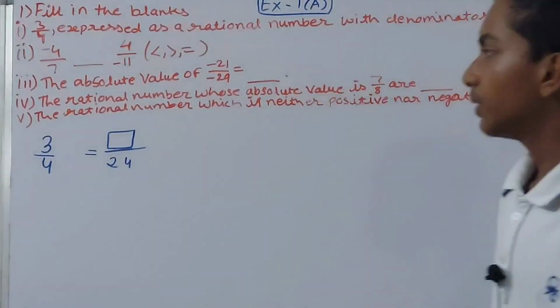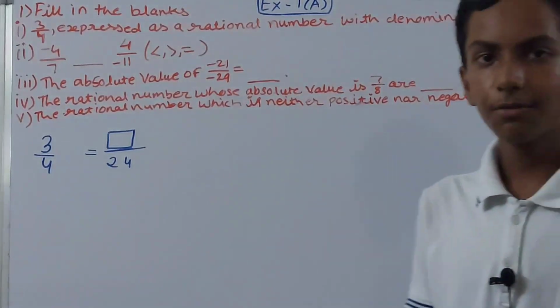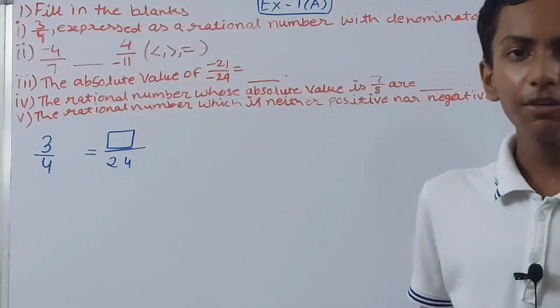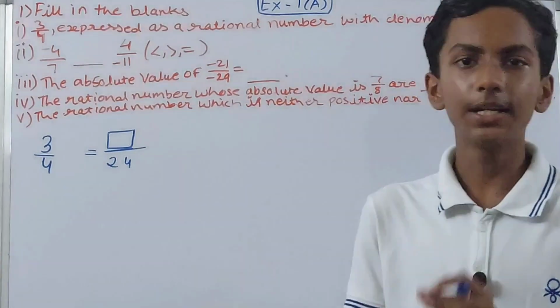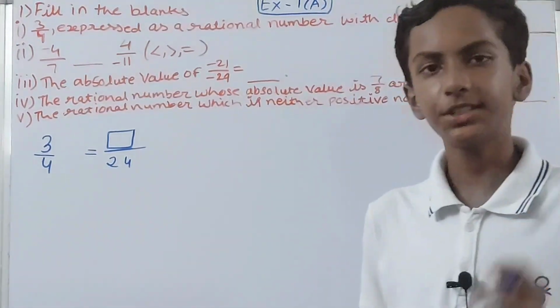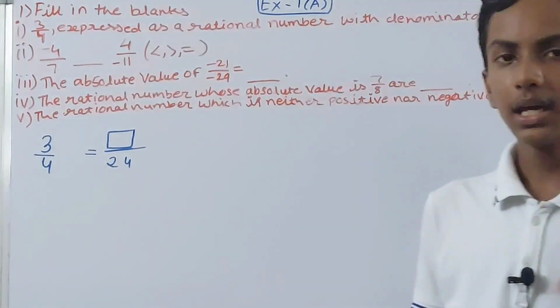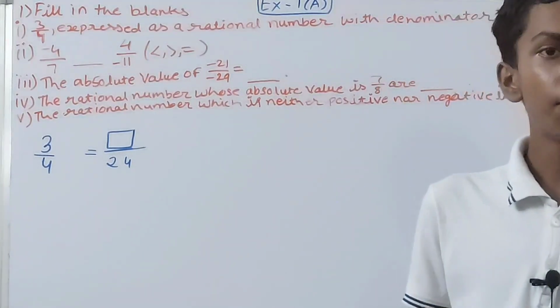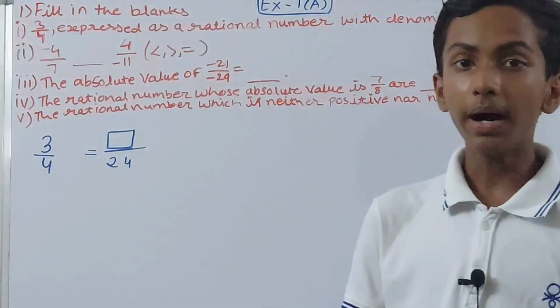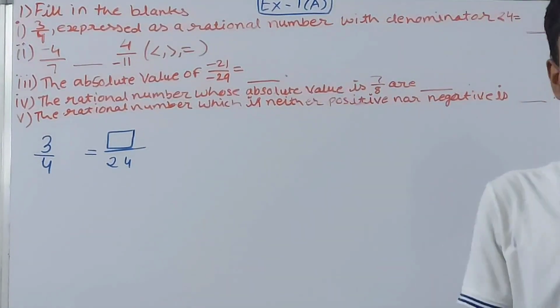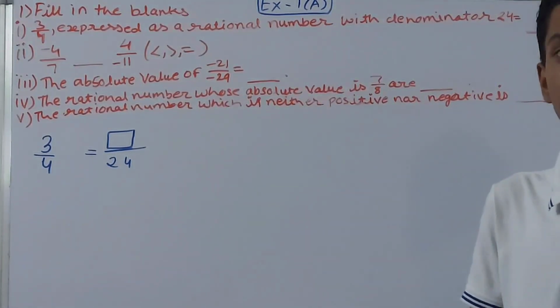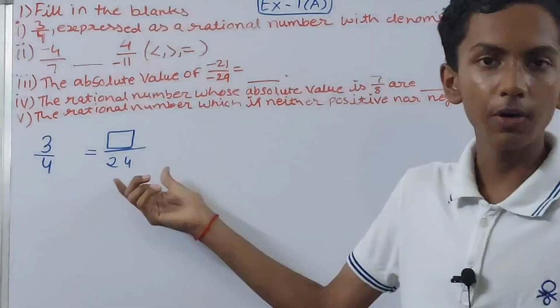That means again we have to find equivalent rational numbers, just like we find equivalent fractions in which we multiply and divide the numerator and denominator by the same number. Same way here also we are going to multiply the numerator and denominator by the same number, and 4 into something should give us 24. It cannot be used for getting any other number except 24 here.